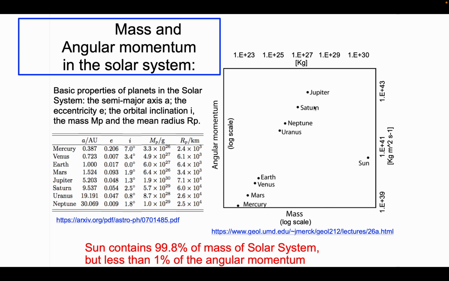The most massive planet, Jupiter, has the highest angular momentum, and Saturn has the second highest, but the Sun has lower angular momentum than these massive planets. The Sun contains 99.8% of the mass in our solar system, but has less than 1% of the angular momentum.